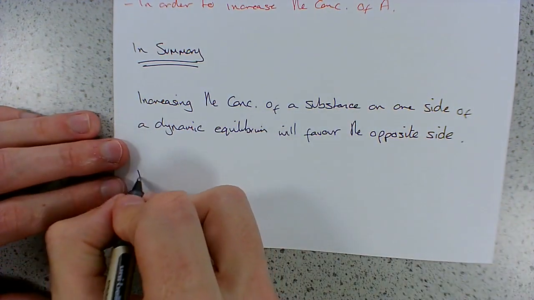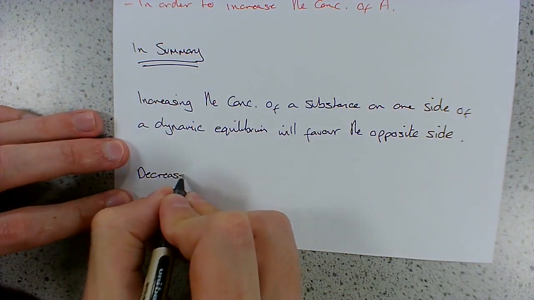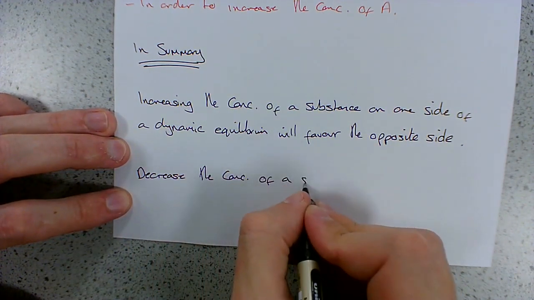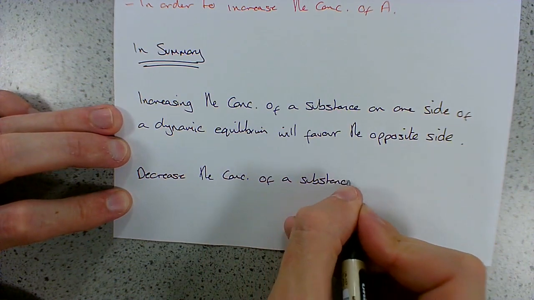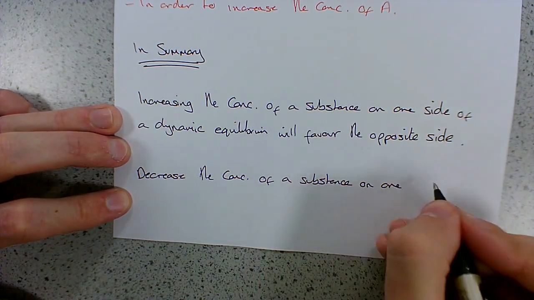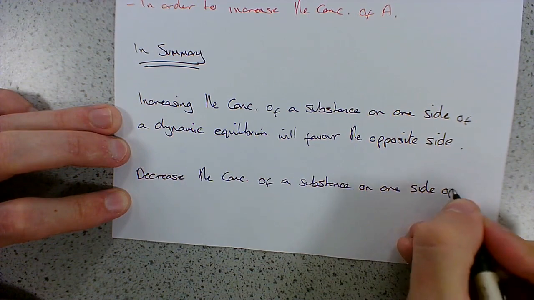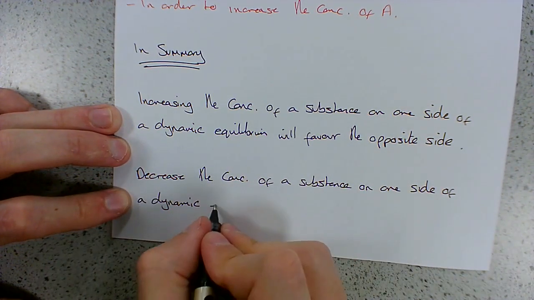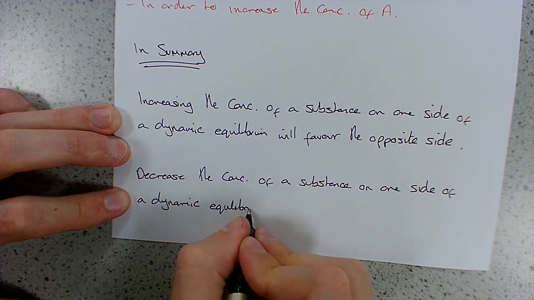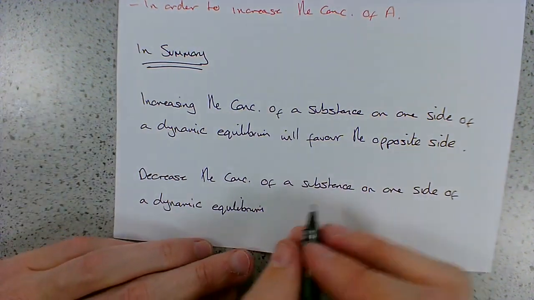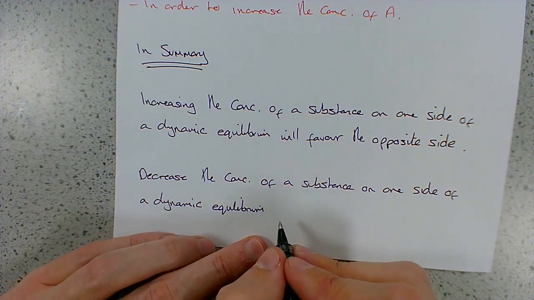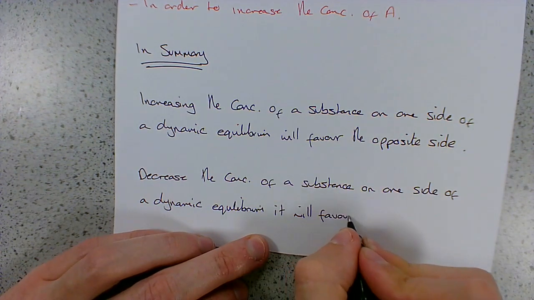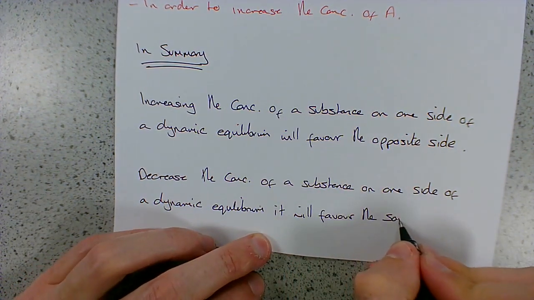If I was to decrease the concentration of a substance on one side of a dynamic equilibrium, it will favour the same side.